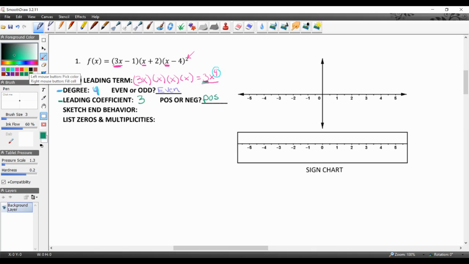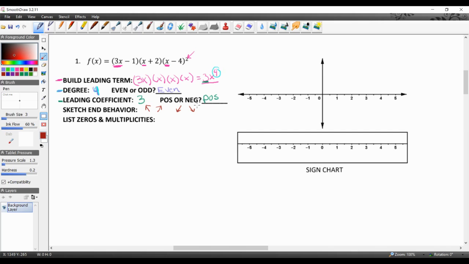So let's do that part next. Let's use this color. The end behavior is whether the ends are going up or down, or vice versa. And we get that by looking at our leading coefficient to see if it's negative or positive and the degree. In this case, our degree is even, it's 4. So that means that the graph should be going either both up or both down.